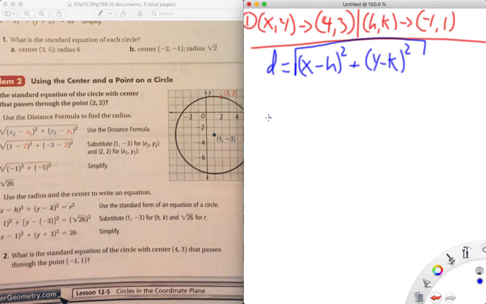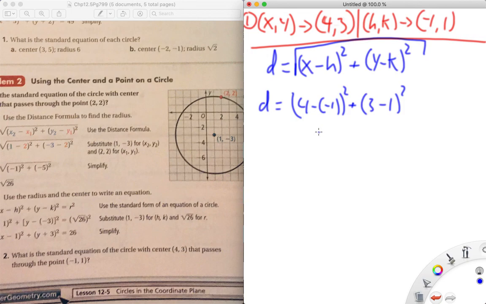So we're going to do some substituting. The distance, remember, is also your radius. So it's going to be (4 minus -1) squared plus (3 minus 1) squared.